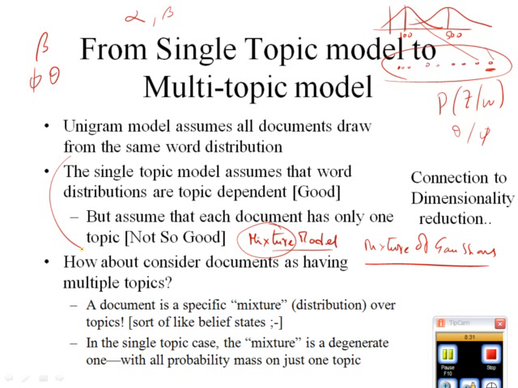What you're doing there is not that different from what you're doing here. The only difference is here the distribution is a multinomial distribution, and there the distribution is a Gaussian distribution.